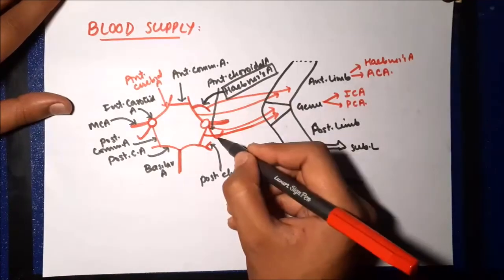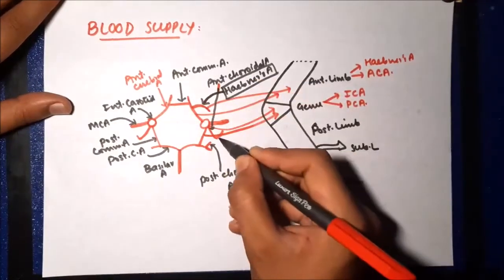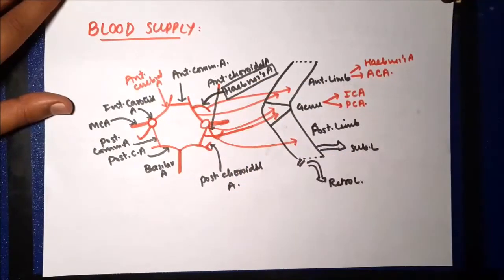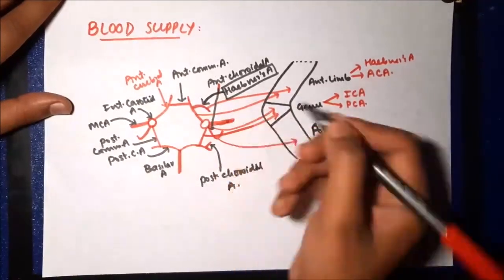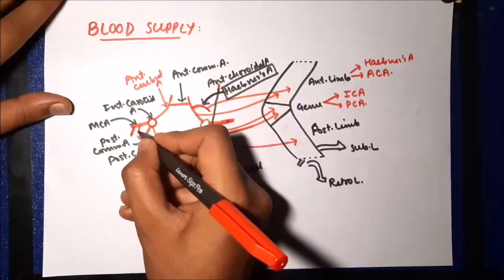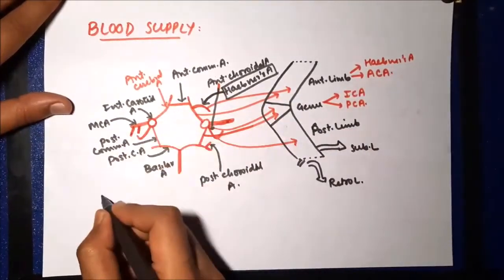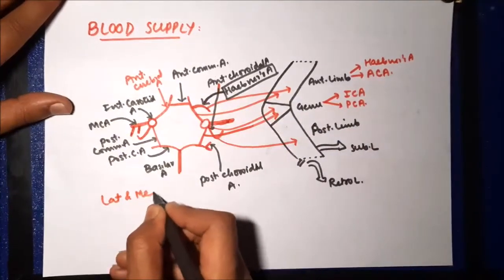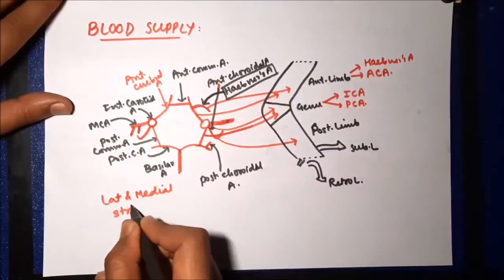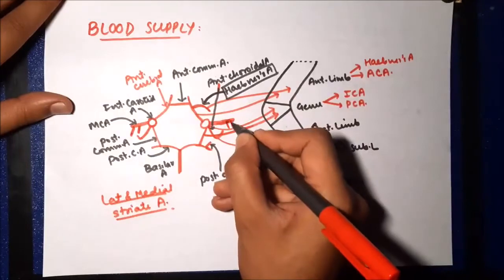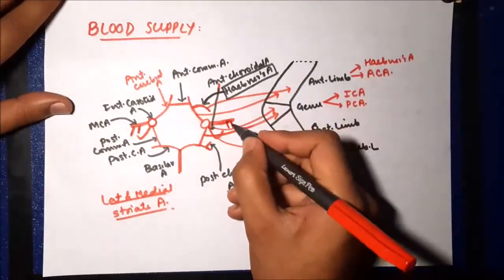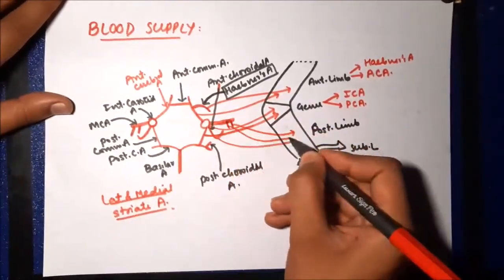Now the posterior limb is supplied by a branch from the anterior choroidal artery. Now, the middle cerebral artery has two striate branches: the lateral striate artery and the medial striate artery. The branches from these two arteries also supply the posterior limb.